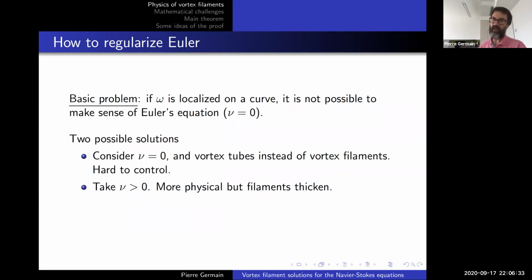And so I guess physically this makes more sense, to take a positive viscosity. But in a way, the geometric structure immediately becomes fuzzy. Okay, so what we went for is solution 2.